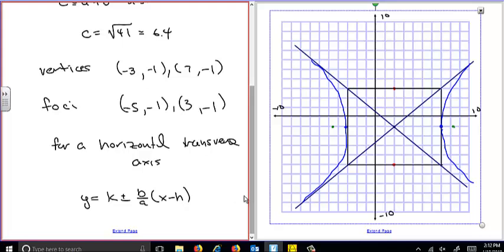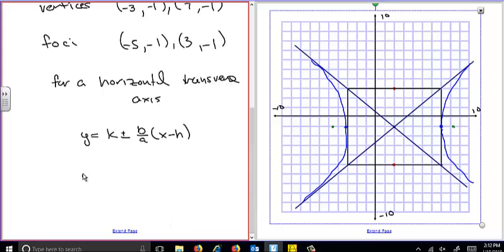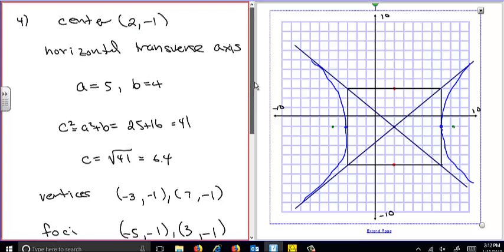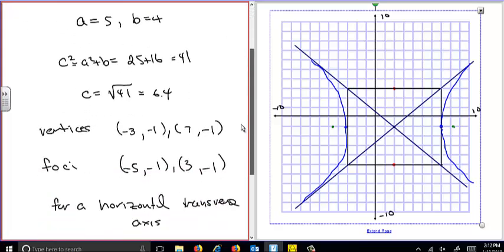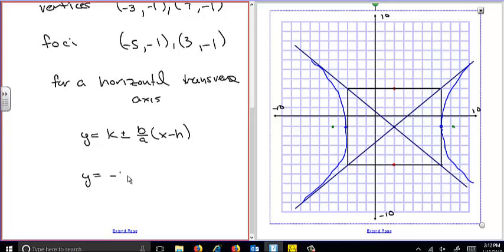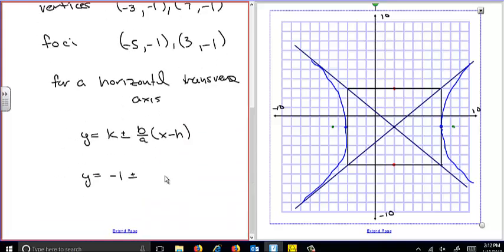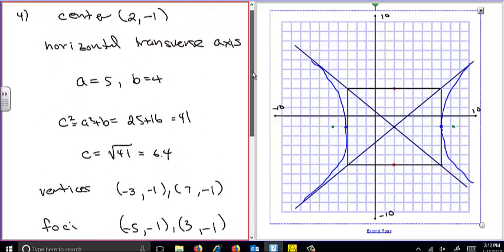So we have everything, and we'll just look them up. y equals k, and k is -1, plus or minus b, which is 4, over a, which is 5, times x minus h, and h is 2.